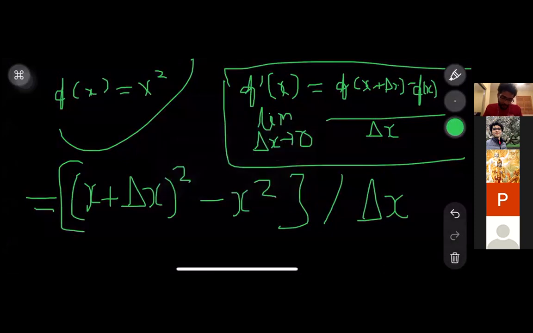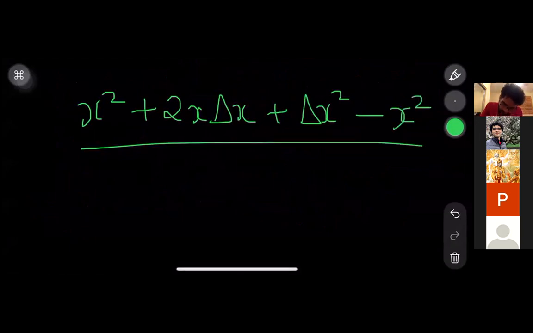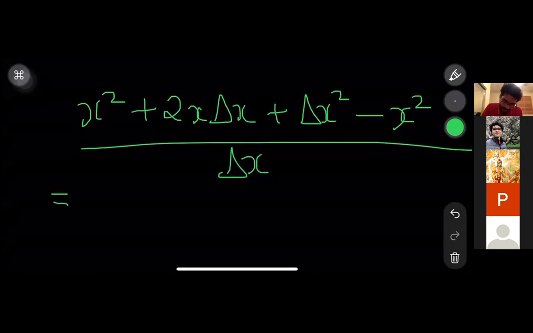Right? So what is x plus delta x the whole squared? It's just the a plus b the whole squared formula. So you have x squared plus 2x delta x plus delta x squared. This is f of x plus delta x. And from this, we are subtracting f of x, which is x squared, and to the whole thing, we are dividing by delta x. So now the x squared and x squared cancel.